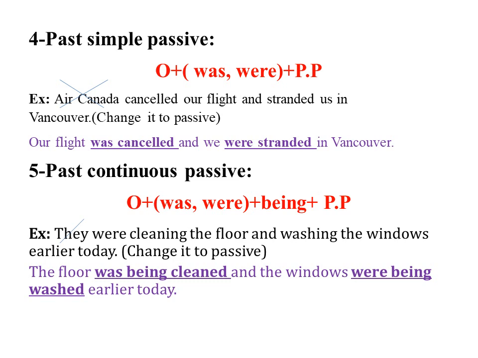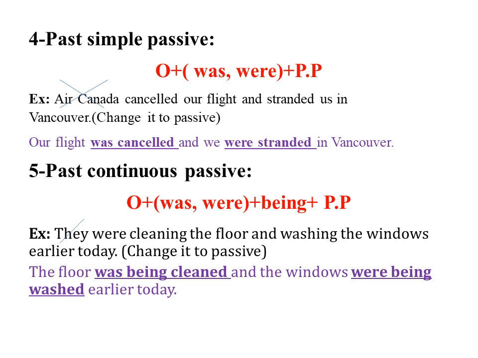We put our flight at the beginning to become: our flight was cancelled and we were stranded in Vancouver. At first we have was cancelled because the object, our flight, was singular. After that we have were stranded because the object we here is plural.